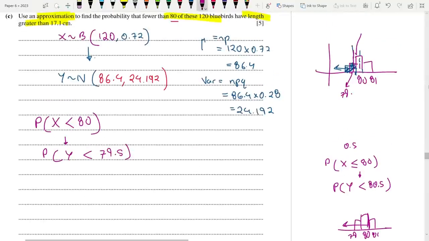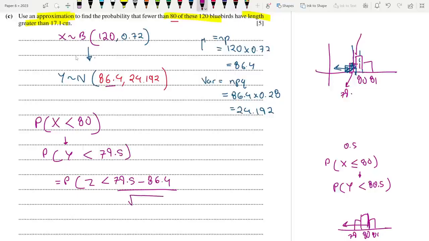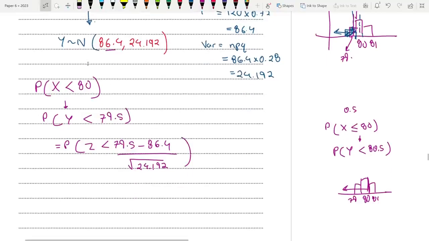So now what do we do? This can be written as P(Z < (79.5 minus the mean 86.4) divided by the standard deviation, which is root 24.192). So 79.5 minus 86.4 divided by root 24.192.